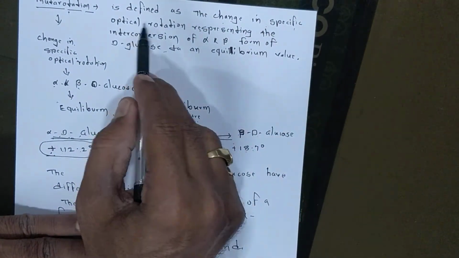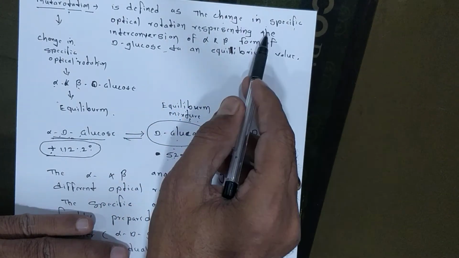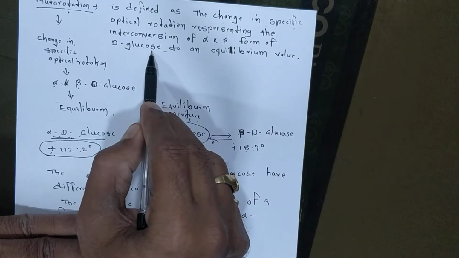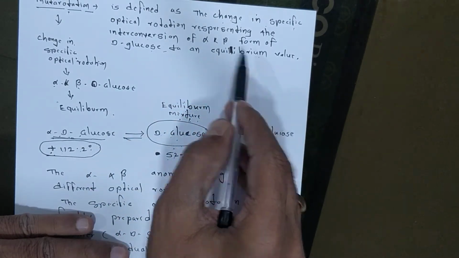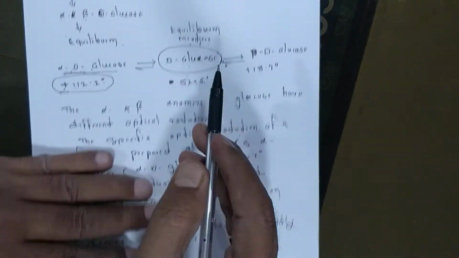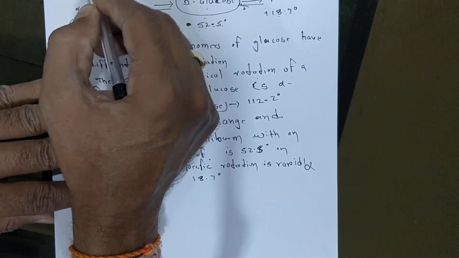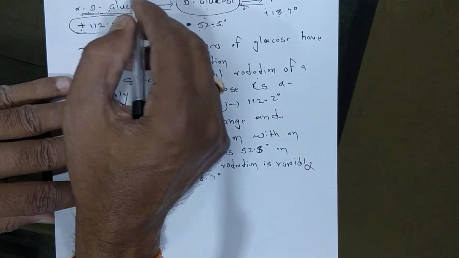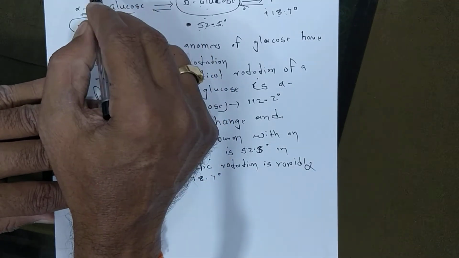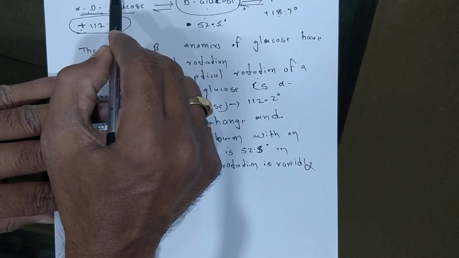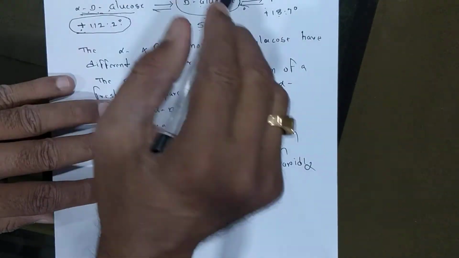Change in specific optical rotation representing interconversion of alpha and beta form of D-glucose at equilibrium mixture is called mutarotation. They are representing the specific optical rotation at equilibrium.